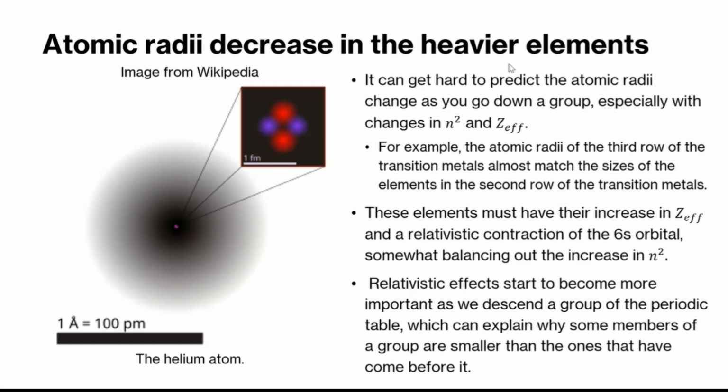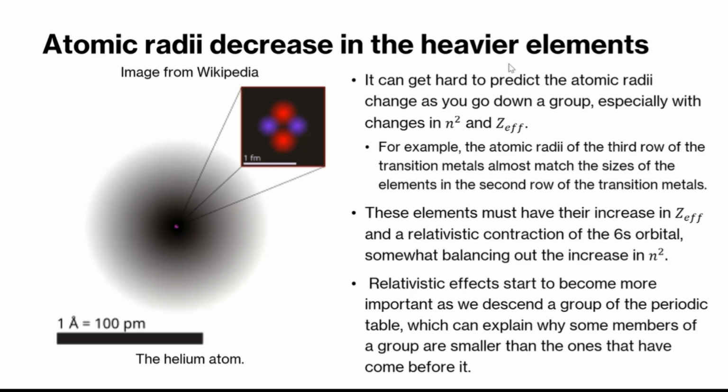For example, the atomic radii of the third row of the transition metals almost match the sizes of the elements in the second row of the transition metals. So it'll be kind of hard to predict that. These elements must have their increase in the effective nuclear charge and a relativistic contraction of the 6s orbital somewhat balancing out the increase in n.